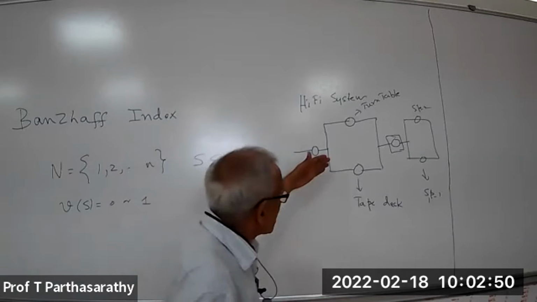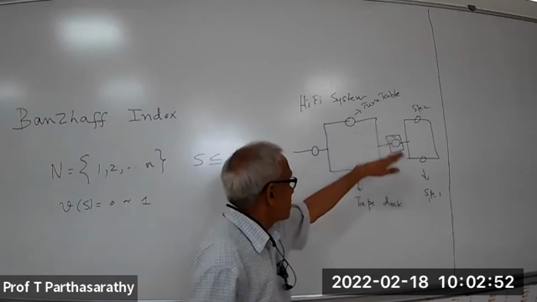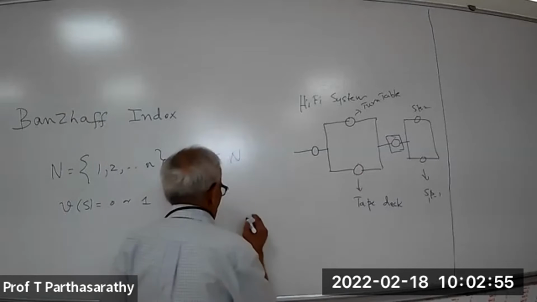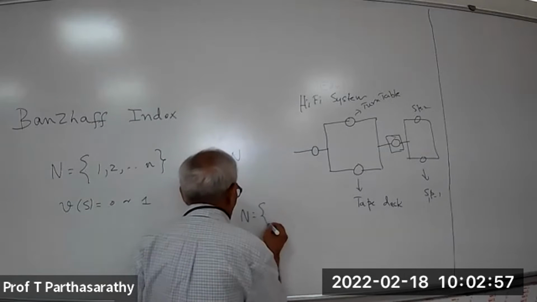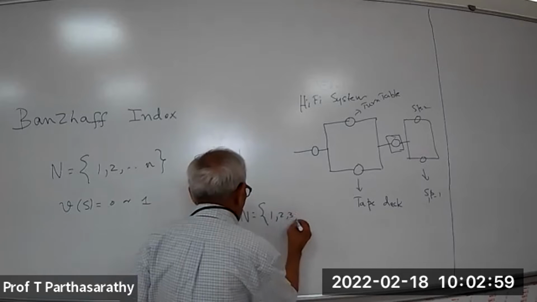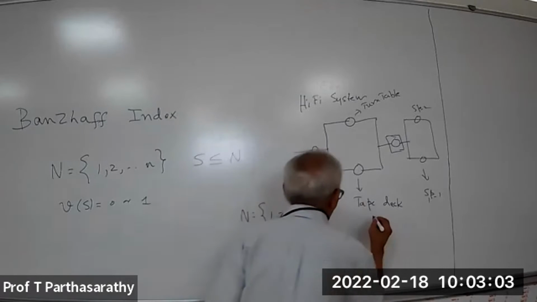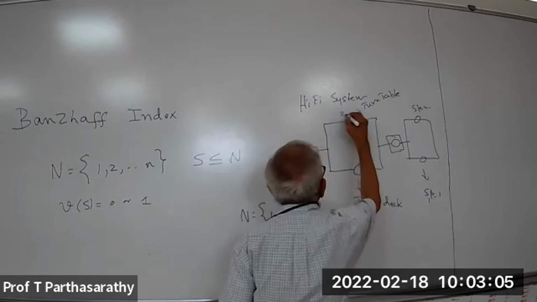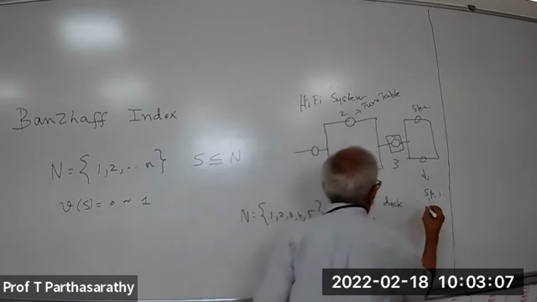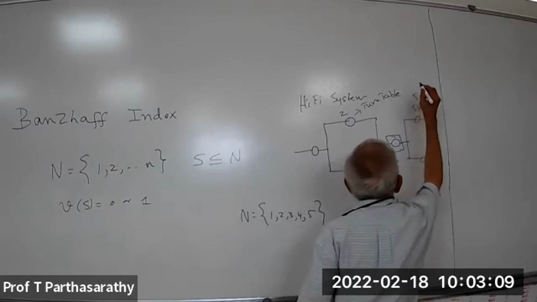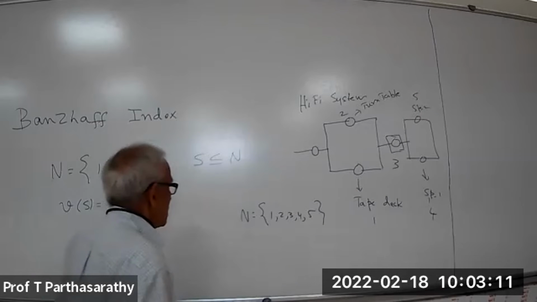Now this can be treated as a simple game with 5 players. N is equal to 1 to 5. What is the winning coalition? Let me give some numbers: 1, 2, 3, 4, 5. These are the 5 players.